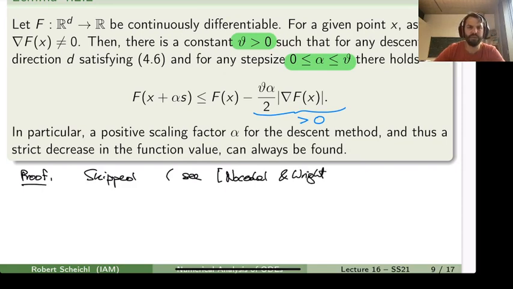It's called Numerical Optimization, and it's from Springer, and the second edition is from 2006. Okay.